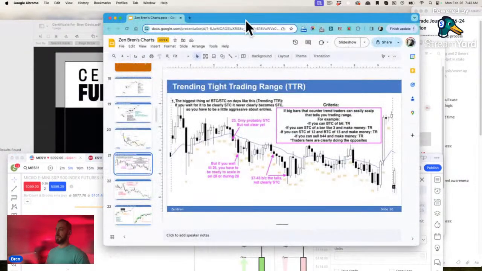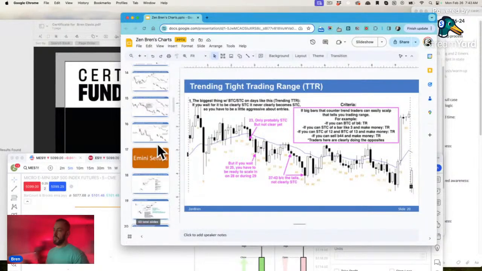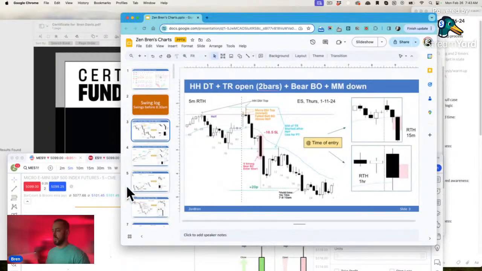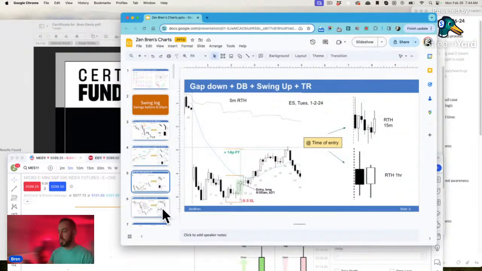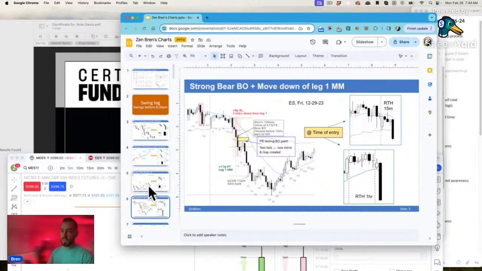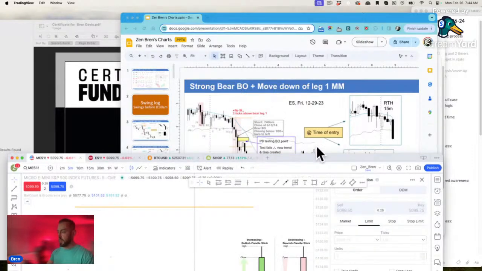There they are. I like these swings. For me, a swing is just a couple legs up or a couple legs down. 16-point trade, 14-point trade, 17-point trade, right? That's kind of what I'm looking for.